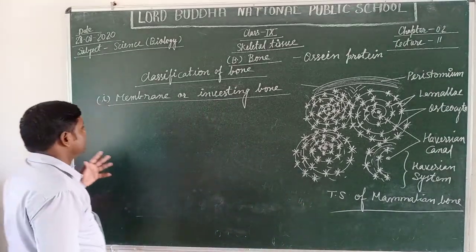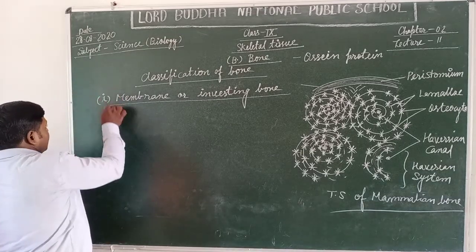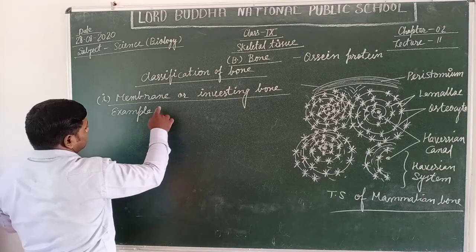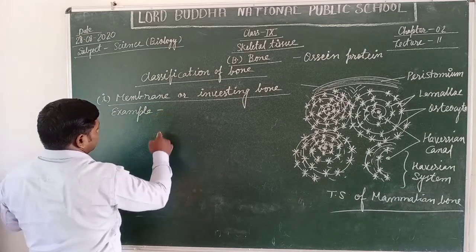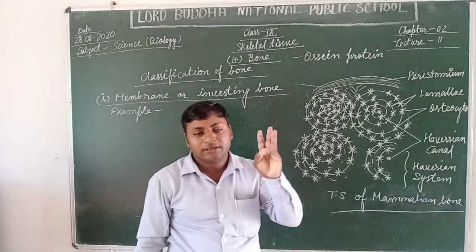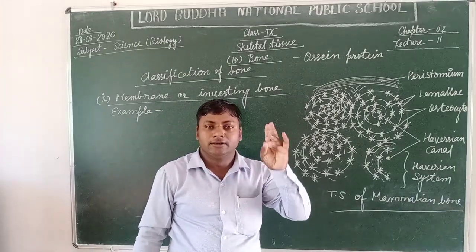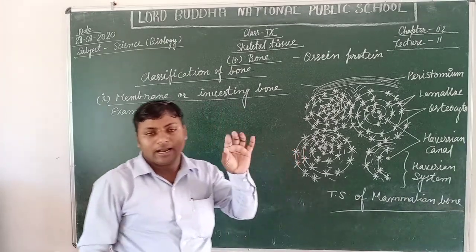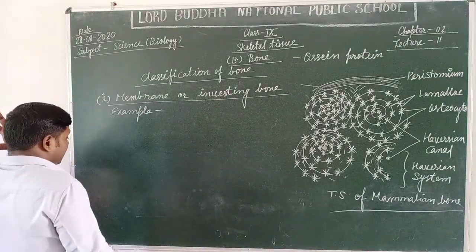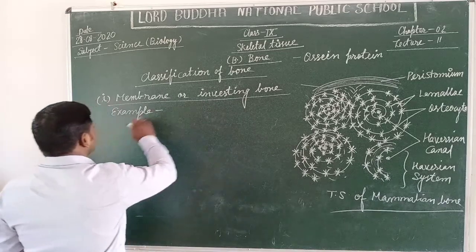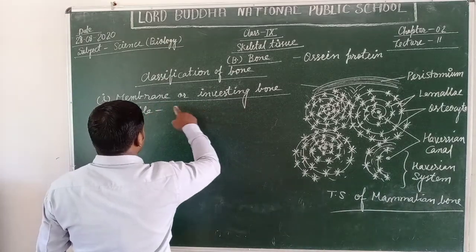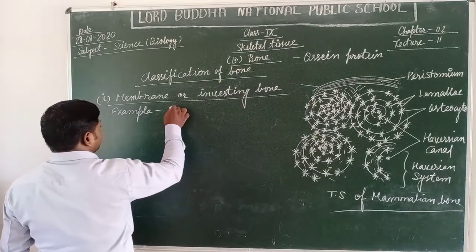These are mainly found in the skull, called the cranium. The skull has three meninges: the outermost dura mater, the middle arachnoid layer, and the innermost layer, the pia mater. These meninges are just an example of the membrane or investing bone.